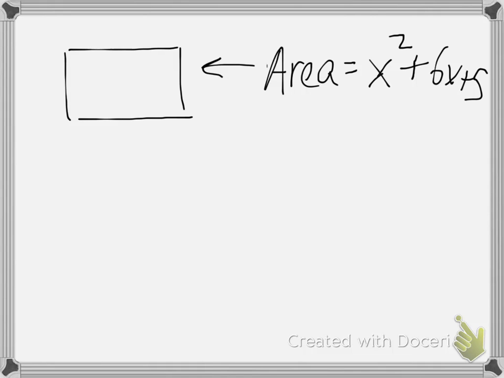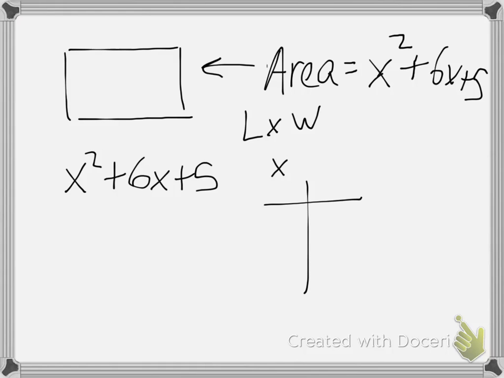Okay, so you know that area is length times width. If you can find out what times what makes that x squared plus 6x plus 5, then you'll know the dimensions of it. So it's got to multiply to 5 and add to 6.